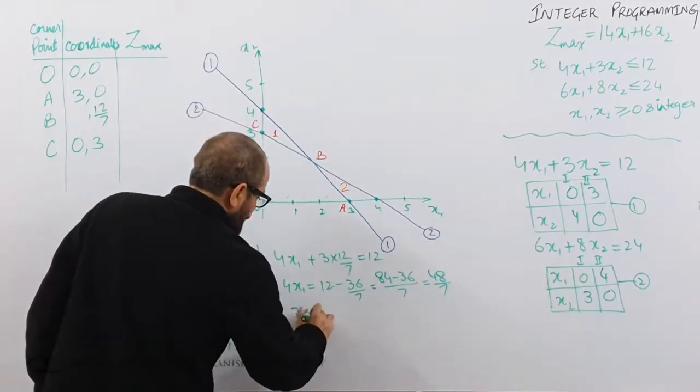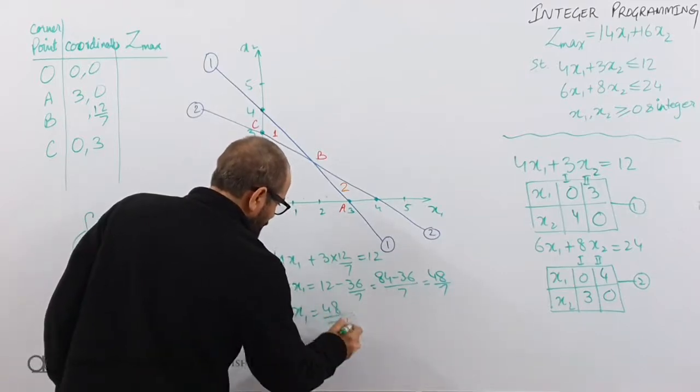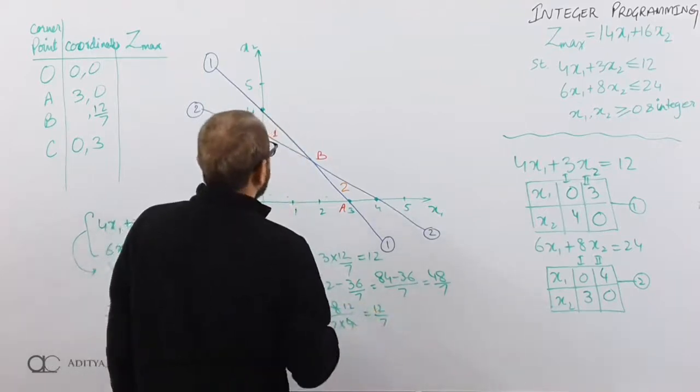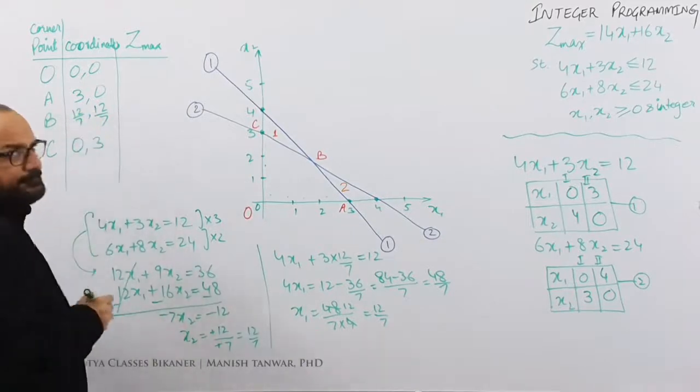So x1 is equal to 48 upon 7 multiplied by 1 upon 4. This 4 goes to the denominator, making it 12 by 7 again. So both are 12 by 7.